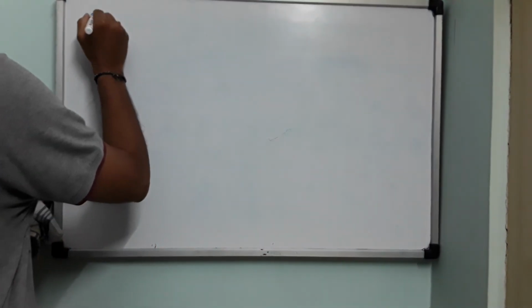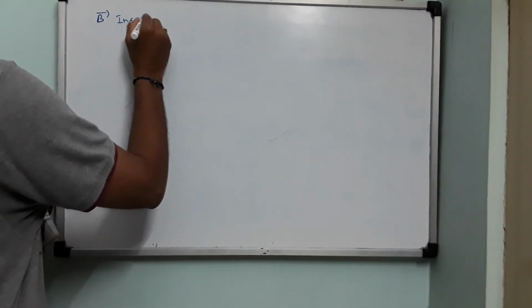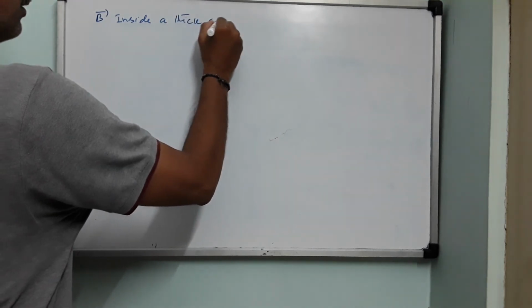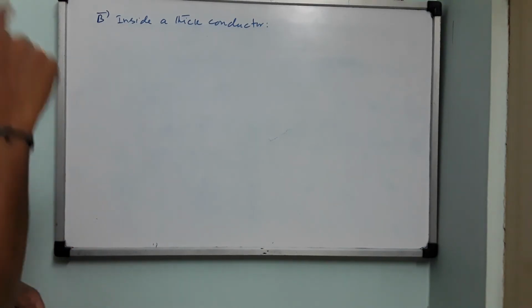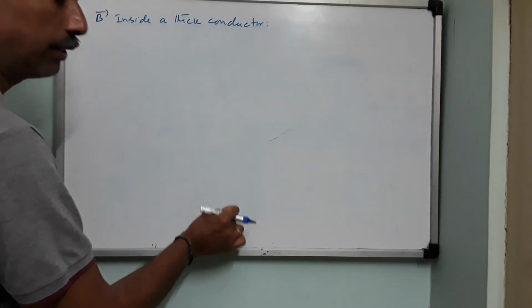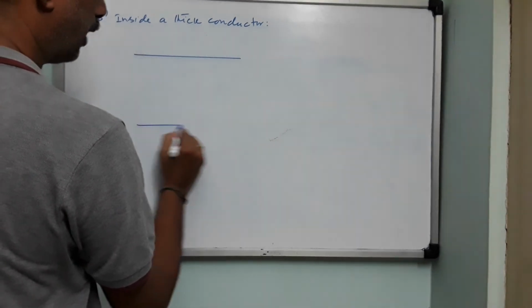Number 2, magnetic field inside a thick conductor, using Ampere's circuital law only. The same conductor which I have drawn like a line, now you see, I am drawing like this.